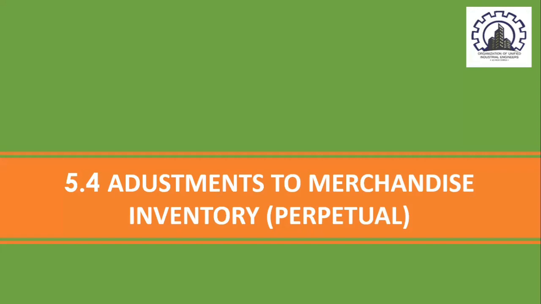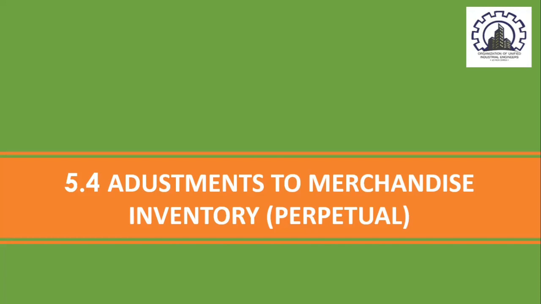When a physical count of inventory is conducted, the costs attached to these inventory items are totaled. Now, this total is compared to the merchandise inventory account balance in the general ledger.